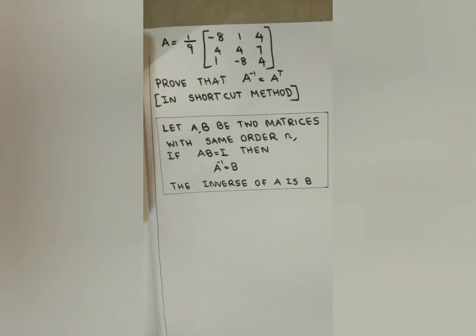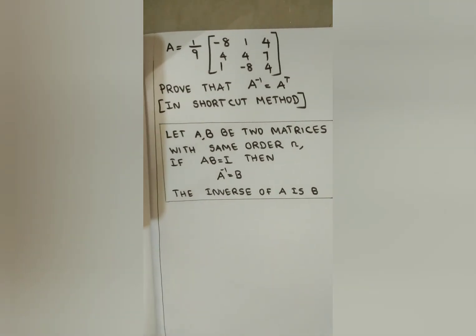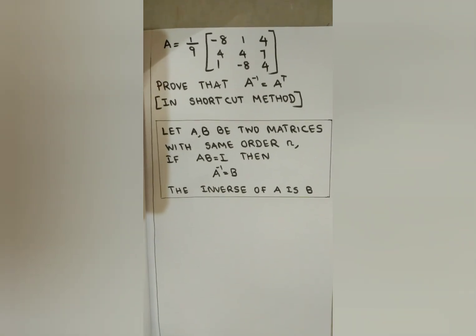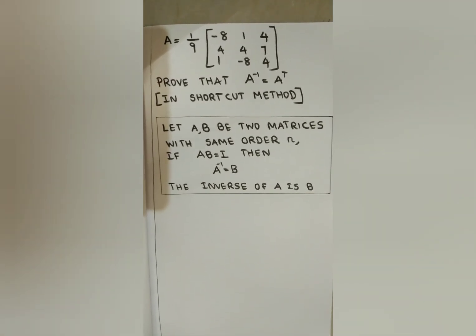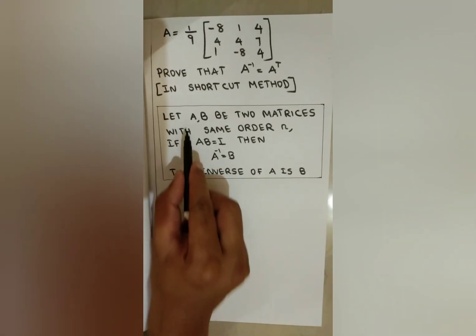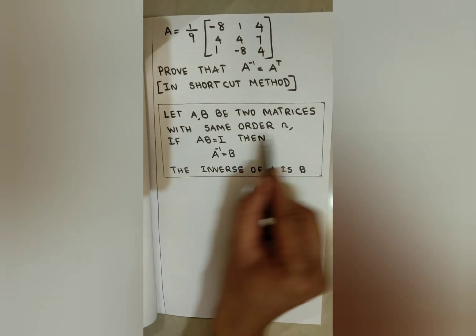Now we are going to see how to prove A inverse equal to A transpose in shortcut method. Before going to shortcut method, let us know about the concept of inverse. Let A, B be two matrices with the same order n.